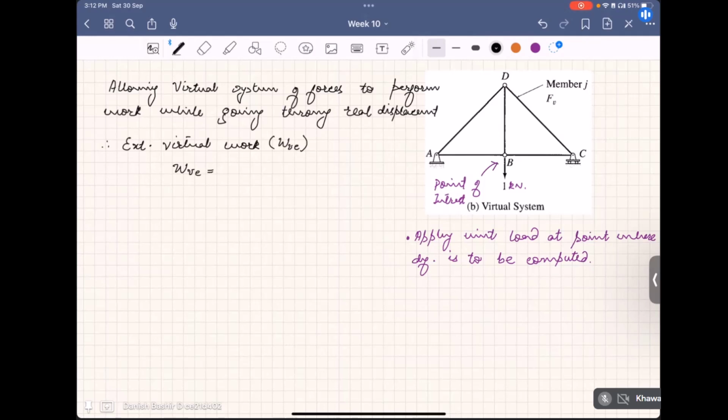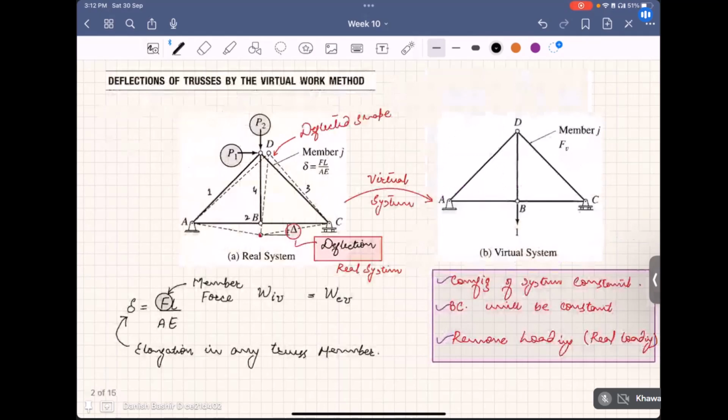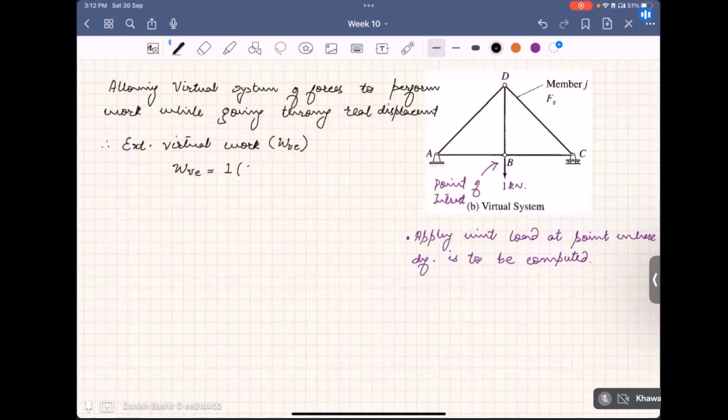There is only one external load in the virtual system, that is 1 kilonewton, and it is going through the real displacement delta, so total work done will be 1 into delta. This is our equation 1.